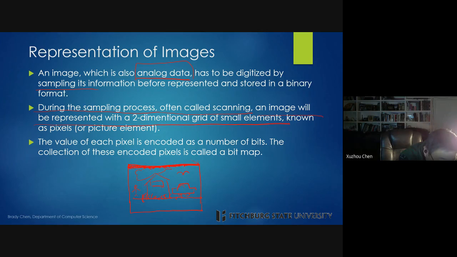You basically divide the image into a very small grid. Each grid cell is like a small square, and you can make each small square very small. This is called a pixel.